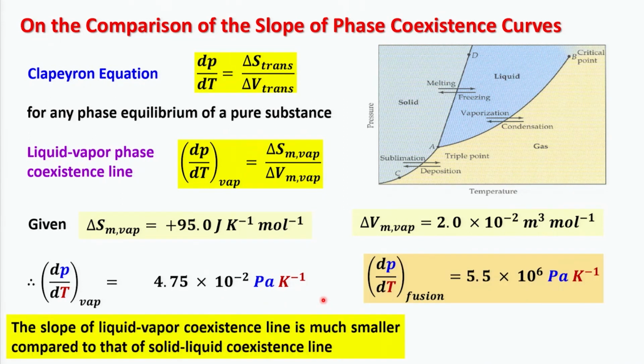Therefore, my conclusion would be the slope of the liquid vapor coexistence line is much smaller compared to that of the solid liquid coexistence line, and therefore, you have to apply much less change in pressure if you want to change the liquid vapor coexistence temperature, which is the vaporization temperature.